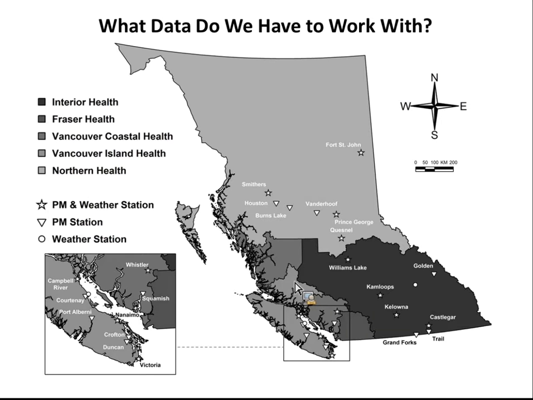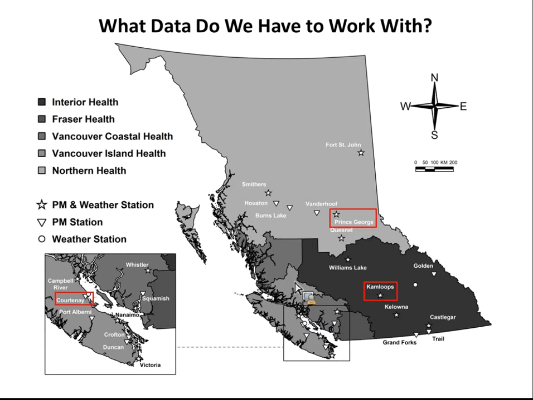The data that we have to work with here are measured hourly PM2.5 concentrations and temperature measurements in 23 communities. We excluded the lower mainland from this analysis, but you can see all of the communities listed there.